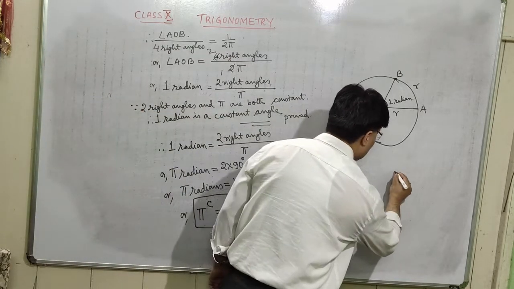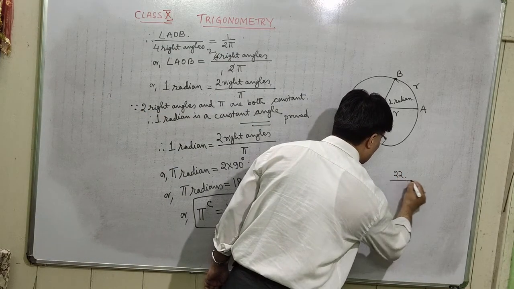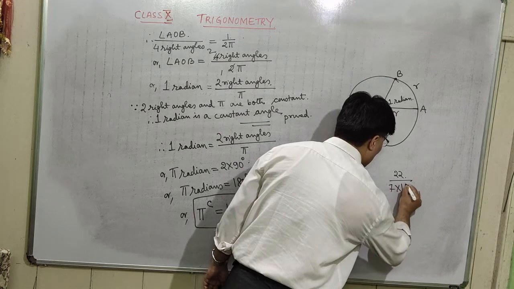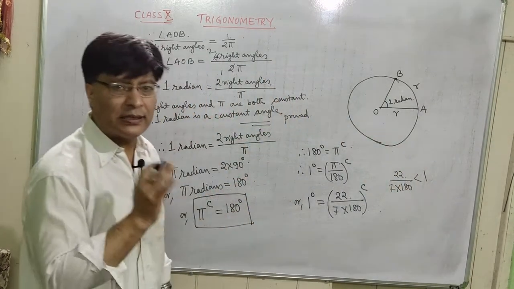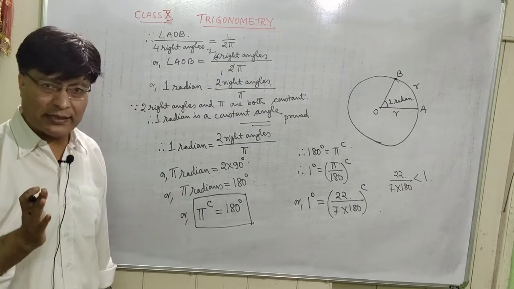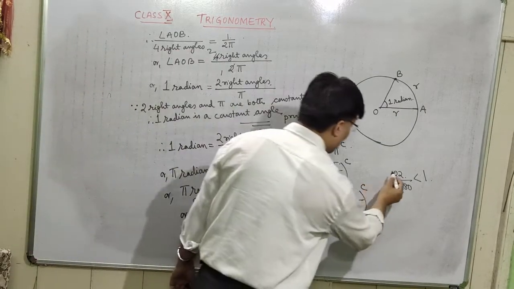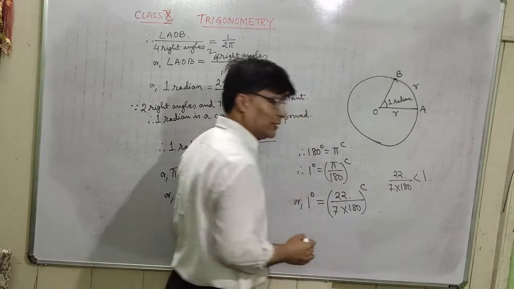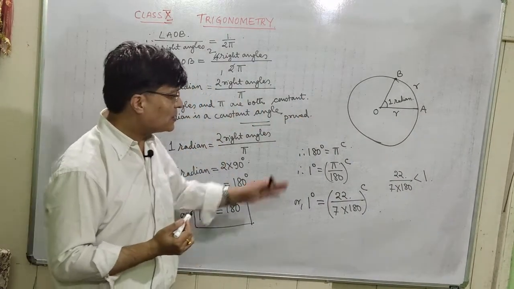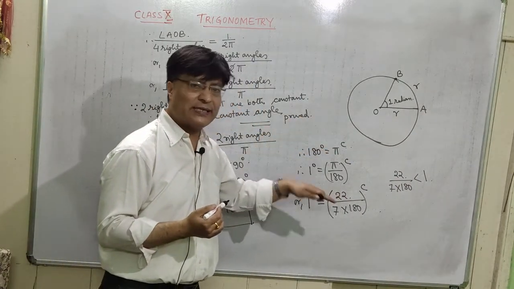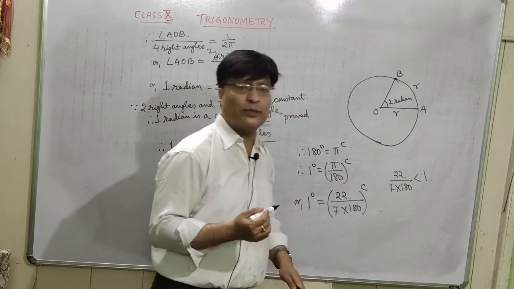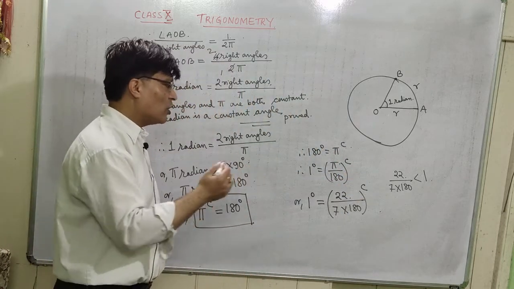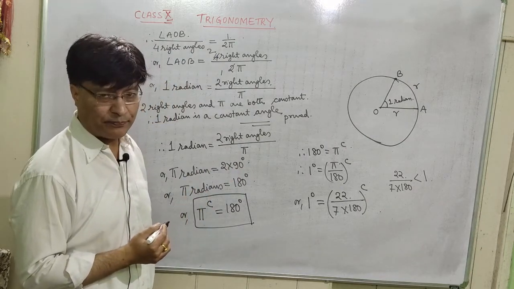That is, in this case, 22 by 7 into 180 is less than 1. Is that clear now? If the numerator is less than the denominator, that fraction is always less than 1.